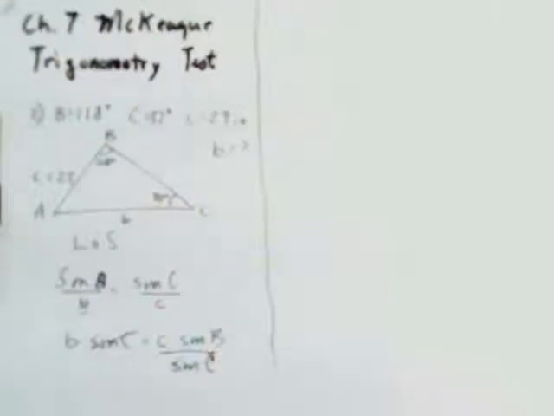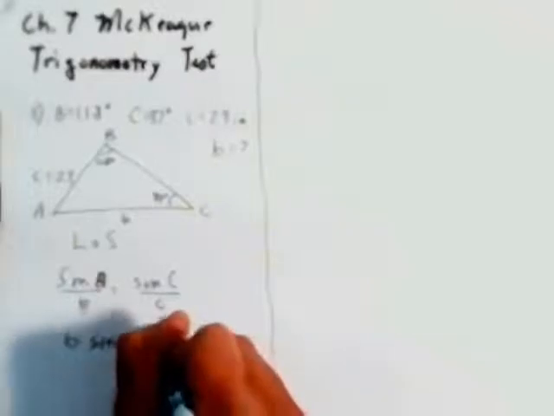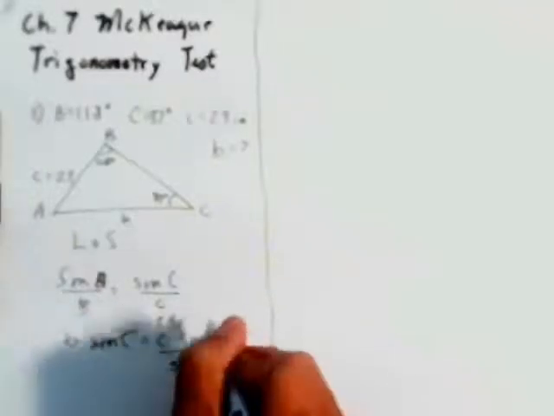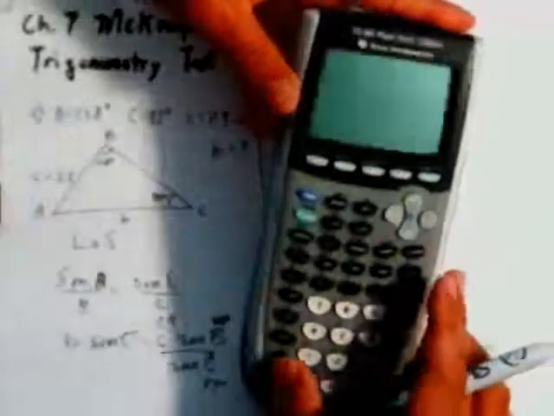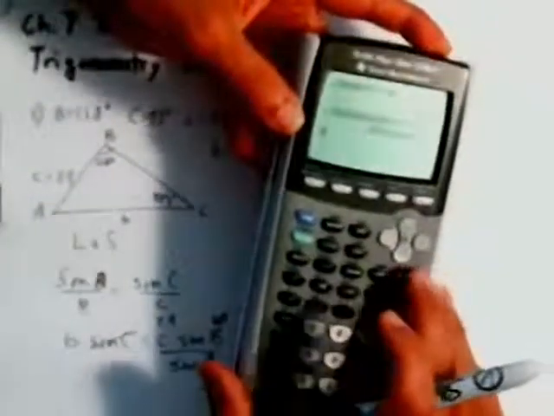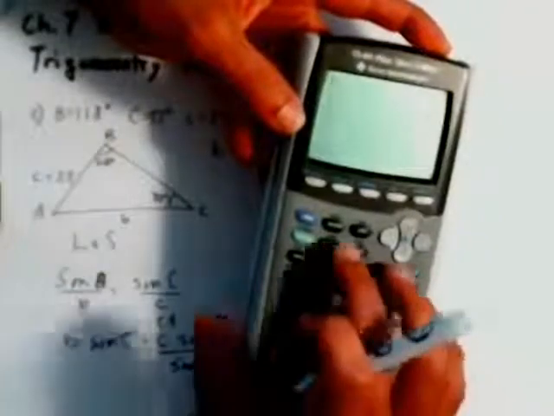Now we're going to use our calculator. Before we do that though, we're going to put in our numbers here. Little c is 2.9. Angle B is 118 degrees. And big C is 37 degrees. Don't forget, when you're doing your calculations on your calculator, make sure you're in degree mode.